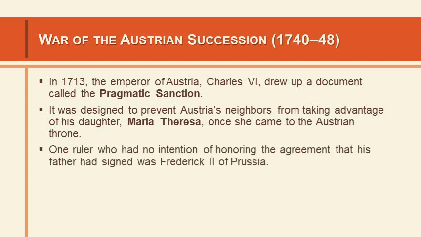So the rulers of these neighboring territories signed it, but, the Ninth Commandment, right? They didn't have any intention of honoring it, particularly this guy, Frederick II, who I believe we said was Frederick the Great back in section 2.